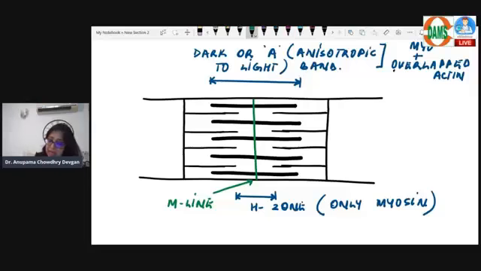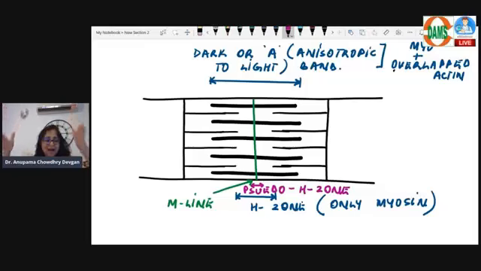On either side of the M line is a still lighter area, which is called the pseudo H zone.